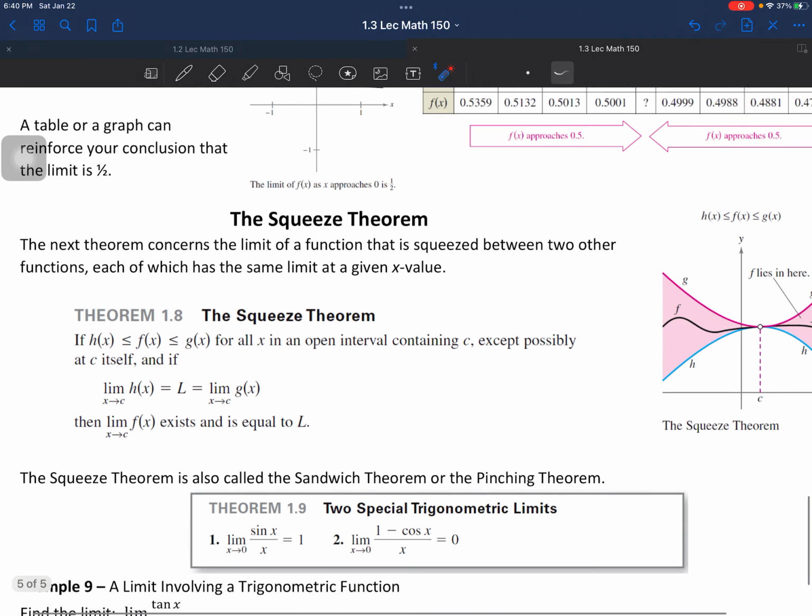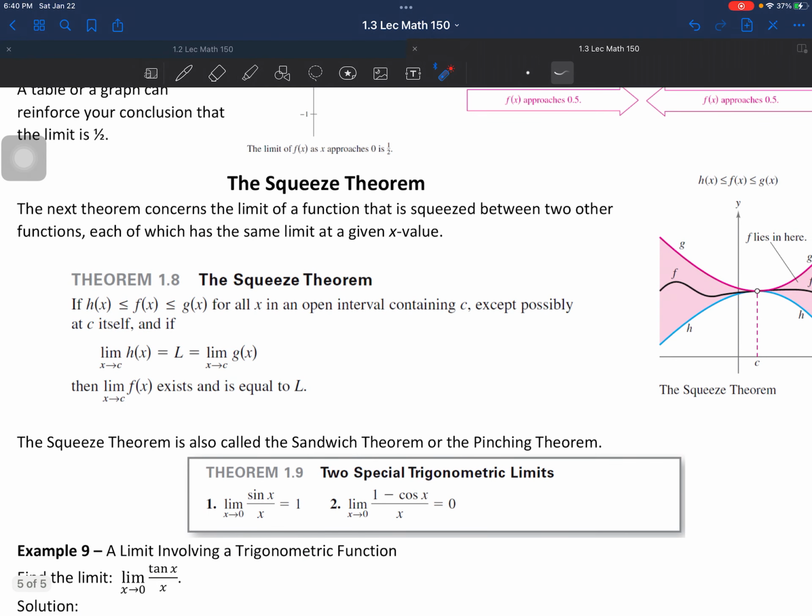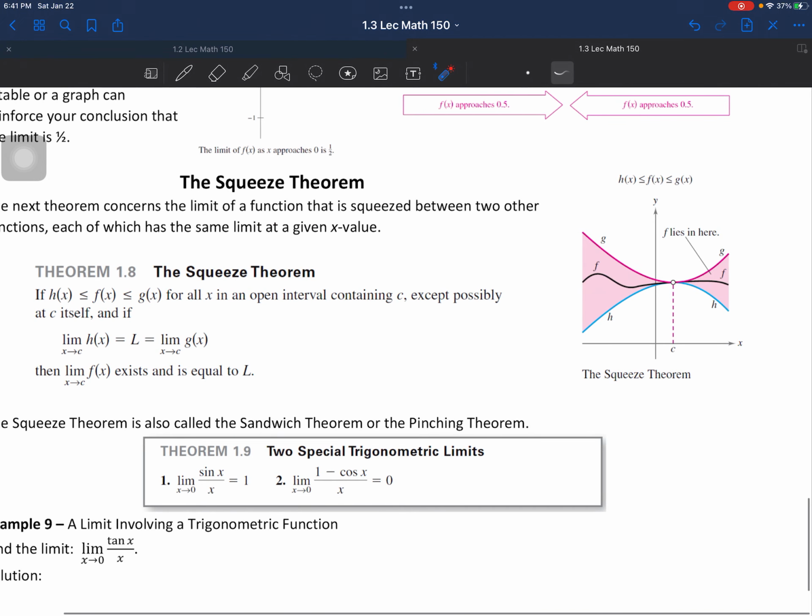Okay, and then lastly, we'll talk about the squeeze theorem. Squeeze theorem is a big theorem, but we're not using it as much in this class. You will use it more later on. But the concept is this: if you're trying to figure out the limit of this function at x equals c, and this is maybe too abstract to figure out, you can use something that you are probably more familiar with, like g and h.